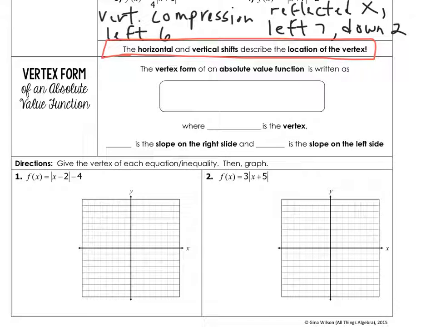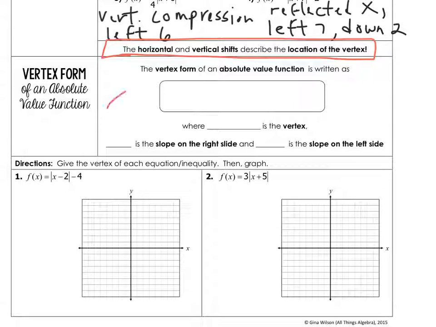This statement here in the middle, the horizontal and vertical shifts, help describe the location of the vertex, and that's exactly what we're dealing with. We're trying to find the location of the vertex so that we can clearly see where it's going to start, and then from there everything draws the same as the parent function.